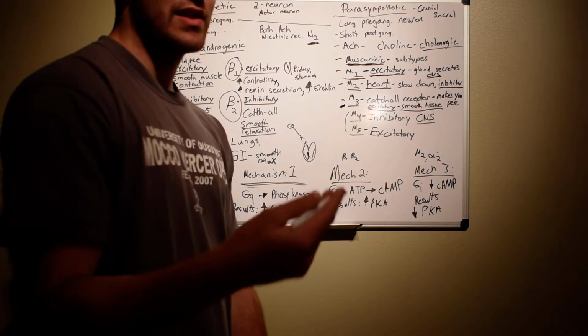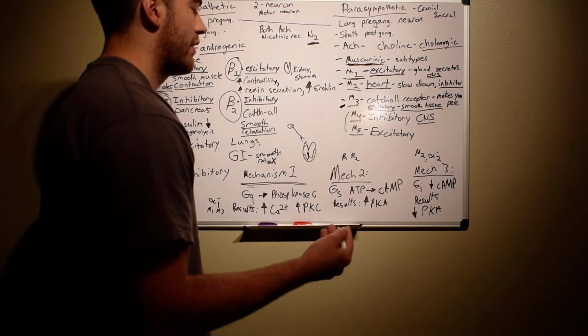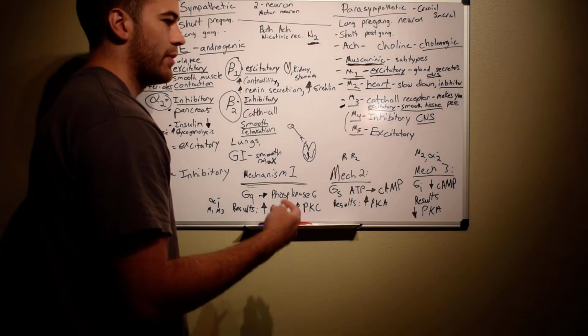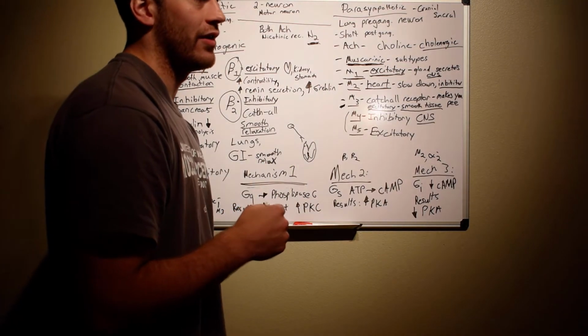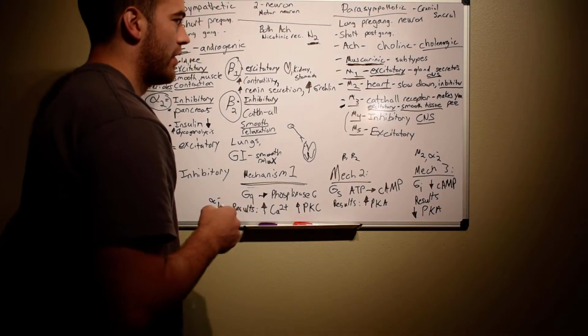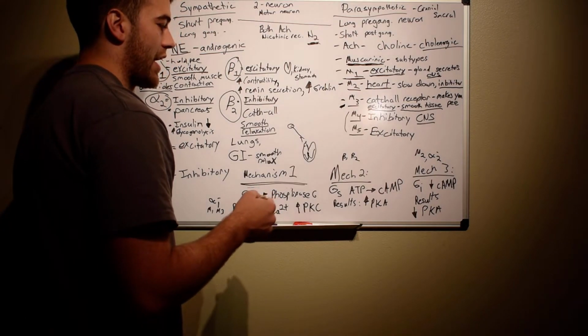So they have less of a chance of being able to produce an action potential, because a lot of the cardiac myocytes, as we're going to learn, have the ability to produce their own action potentials.